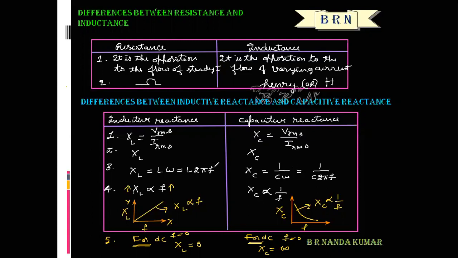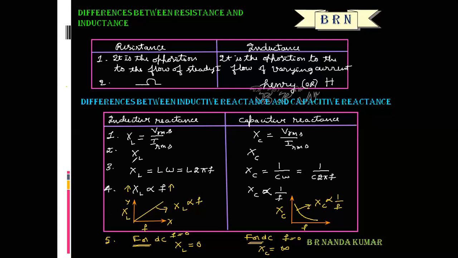So these are some very important differences between inductive reactance and capacitive reactance. What is the meaning of inductive reactance? Effective opposition offered by an inductor to the flow of AC, or the ratio of RMS value of voltage applied across the inductor to the RMS value of current flowing through it. Capacitive reactance is the effective opposition offered by a capacitor to the flow of AC, or the ratio of RMS voltage applied across the capacitor to the RMS current flowing through it.